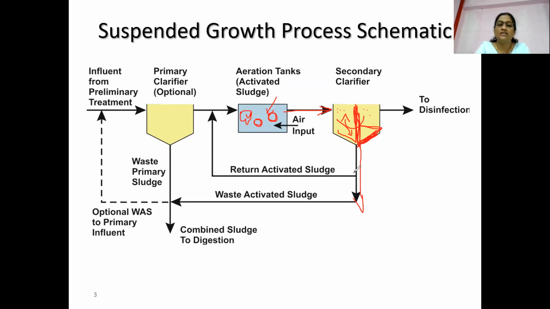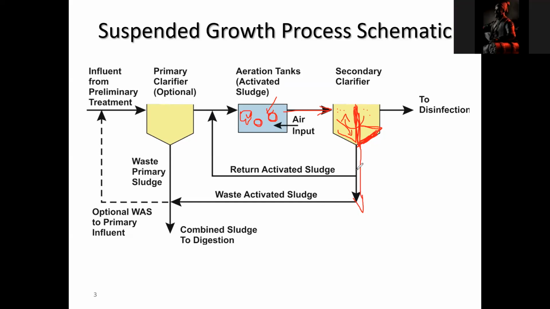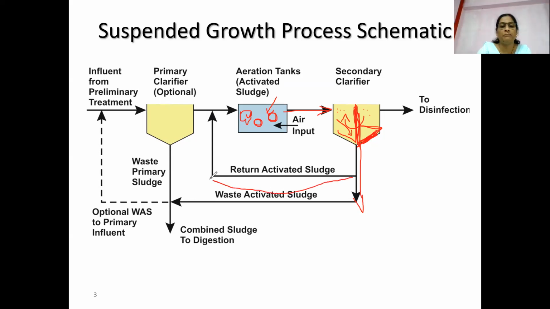But another important part is there. Here, a small quantity of sludge we are returning back to this process. We are returning this sludge from the secondary clarifier to before the aeration tank, or before the primary clarifier.